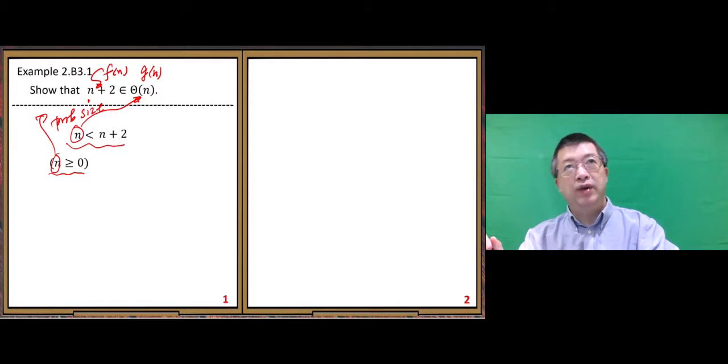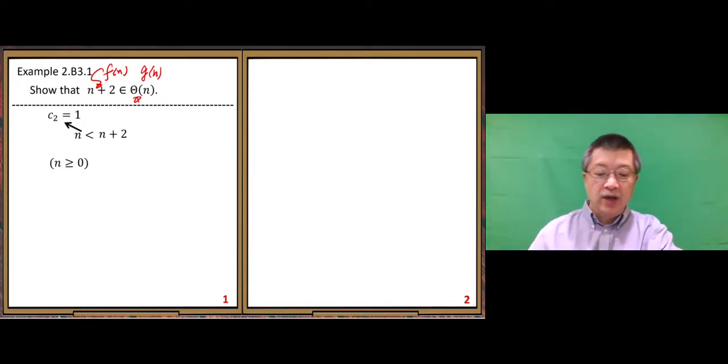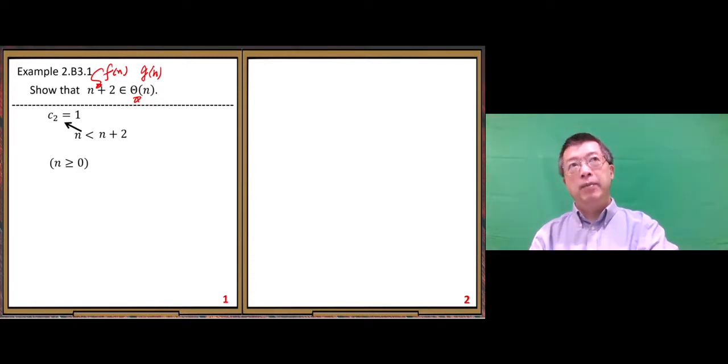That's why we only consider n greater or equal to 0. So we get the C2 constant, which is 1.